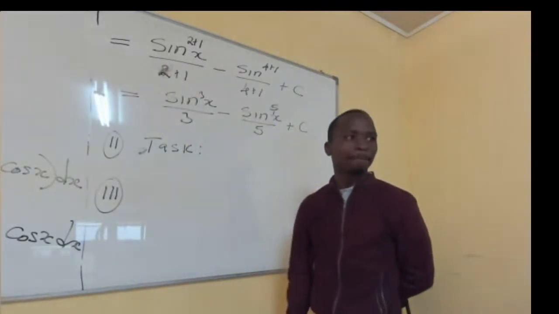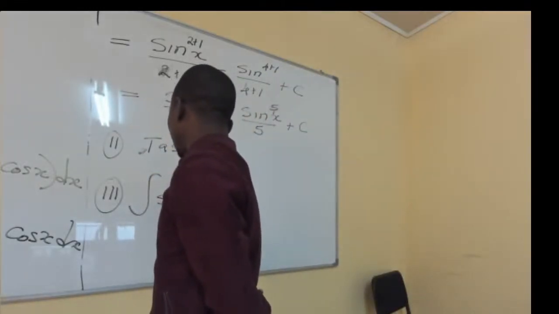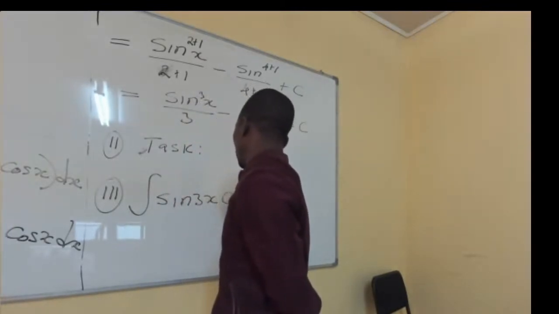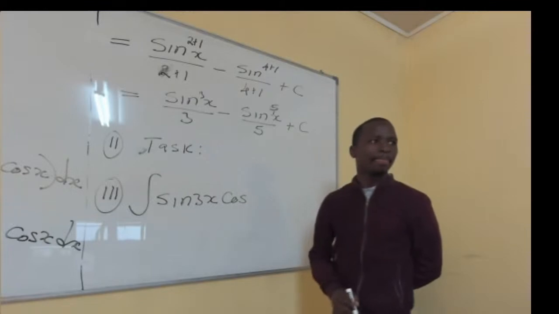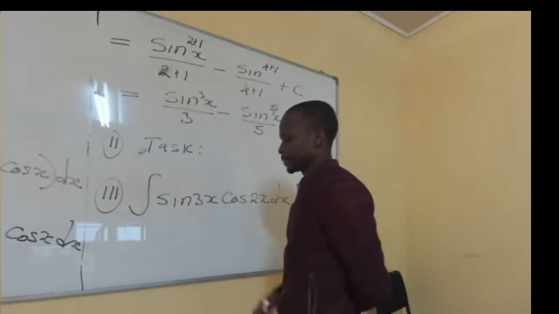So part 3 is the integral of sine 3x times the cosine of 2x dx.